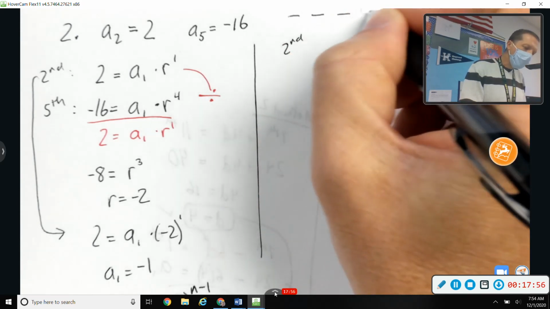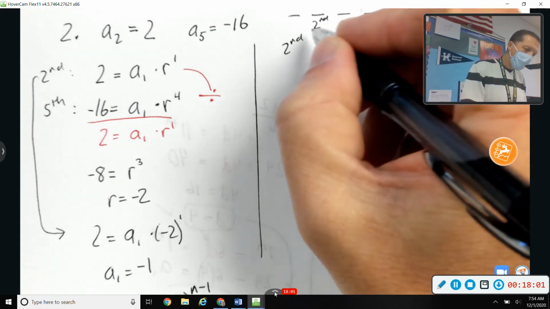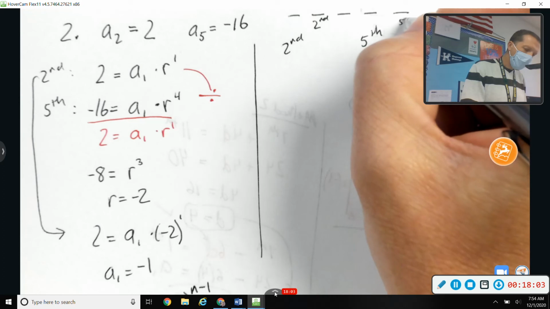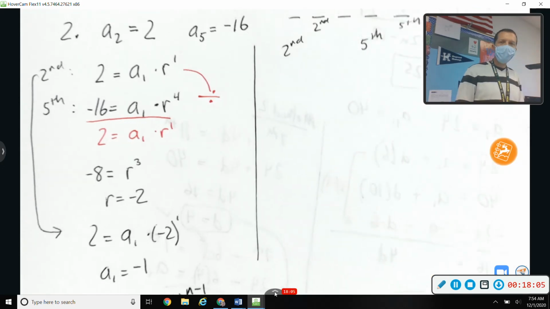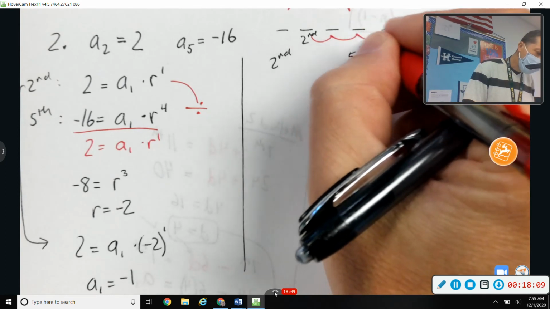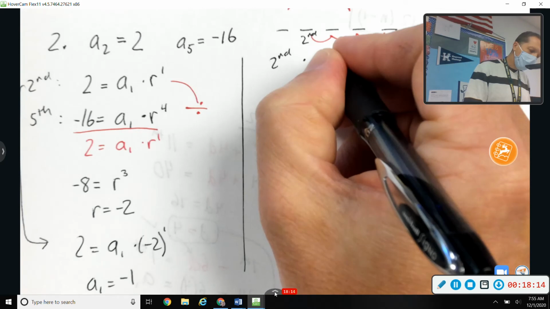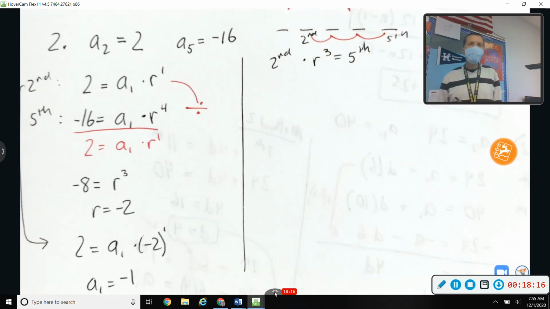If you're really struggling with it, you should probably use the other method, but 1, 2, 3, 4, 5. If you need to count them out, you can write out blanks and say, well, from the second to the fifth is 1, 2, 3. So second term times 3 R's would get me to the fifth term.